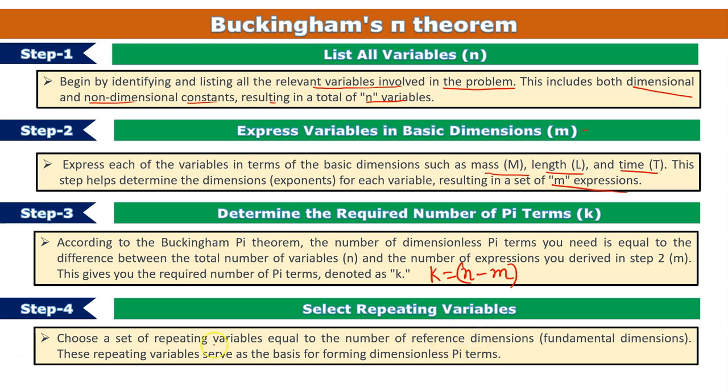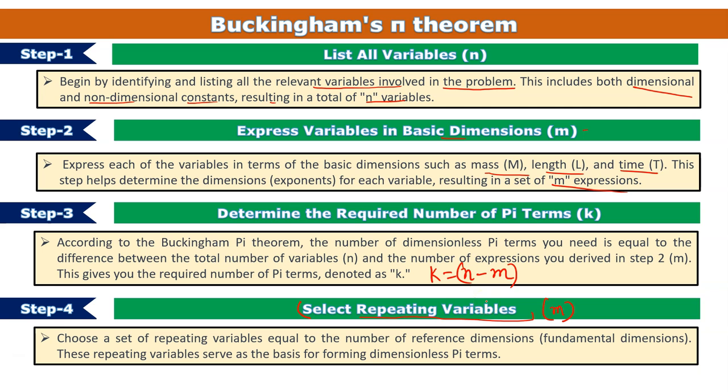These repeating variables serve as the basis for forming dimensionless pi terms. So the number of repeating variables will be the number of fundamental dimensions, that is m.